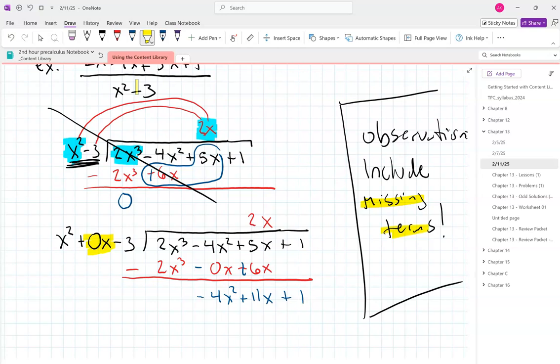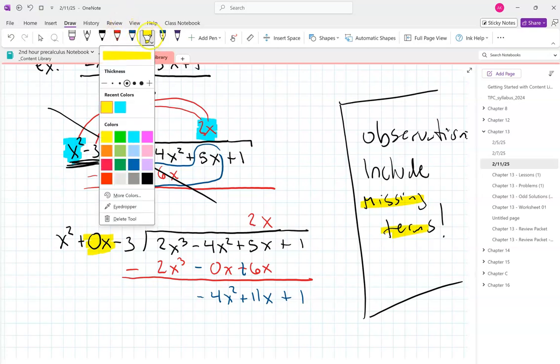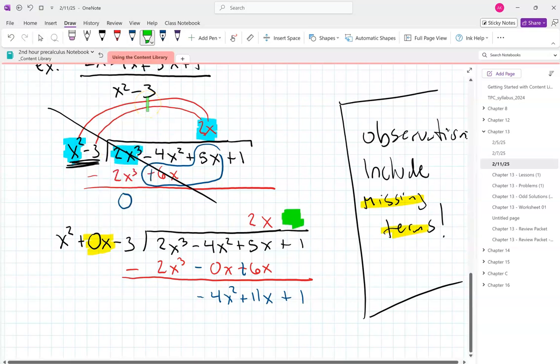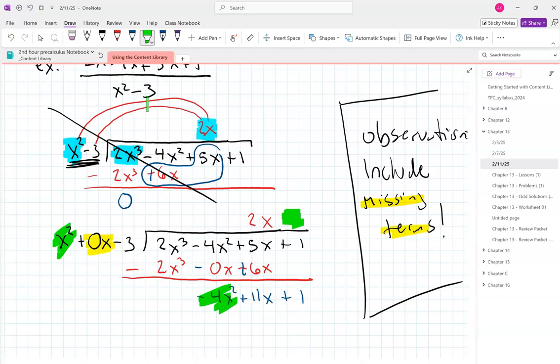You guys cool with that? Okay. So now I'm going to continue on. I'm going to ask, what times x squared gives me negative 4x squared? Negative 4 is correct.